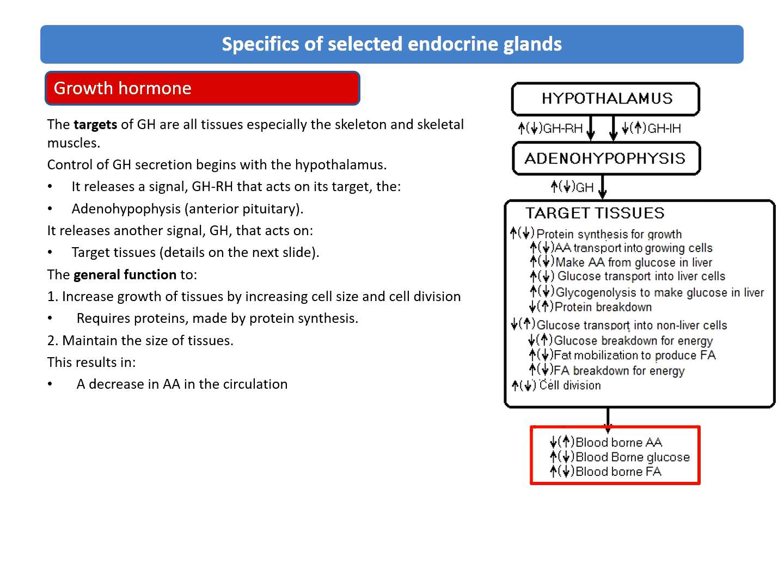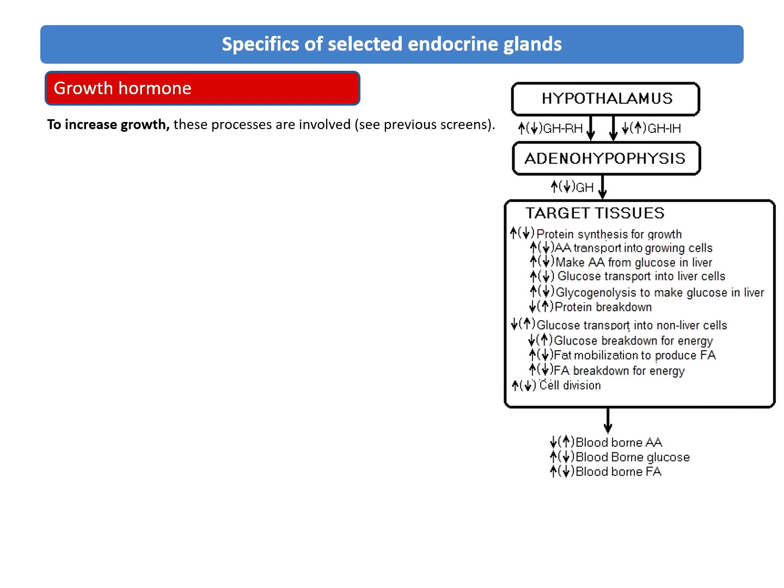This results in a decrease in amino acids in the circulation, an increase in glucose in the circulation, because after all, they're being transformed to the liver for modification, and an increase in fatty acids in the circulation, because these are being transported to tissues in general for energy.